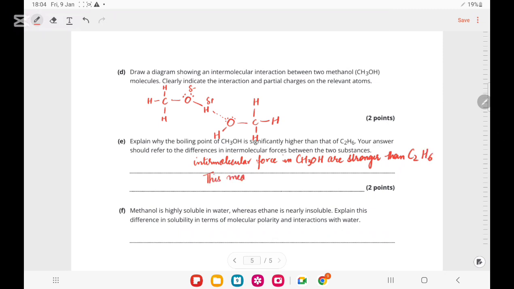This means more energy is needed to overcome the stronger attraction.